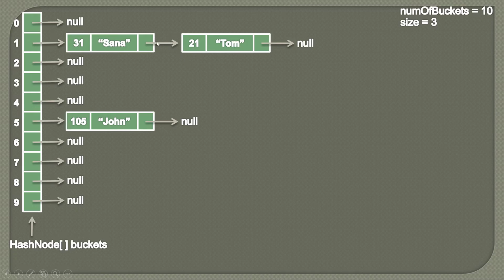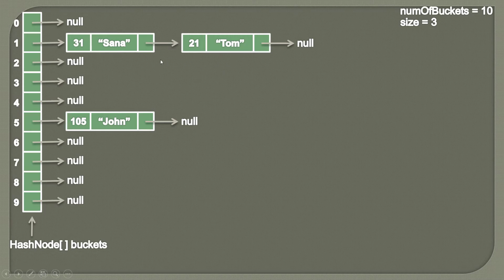We have to break this link. In order to break this link, we need to somehow access this node, and this is accessed via a temporary node which is previous to our current node, the one we want to delete. After we find the key which we want to remove, the previous node will help us in removing this node.